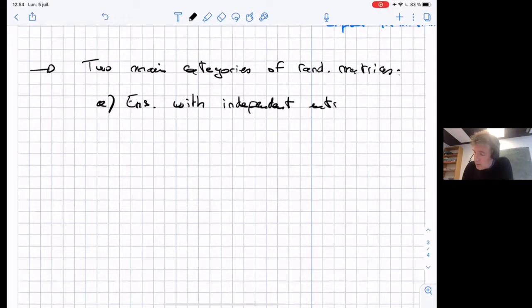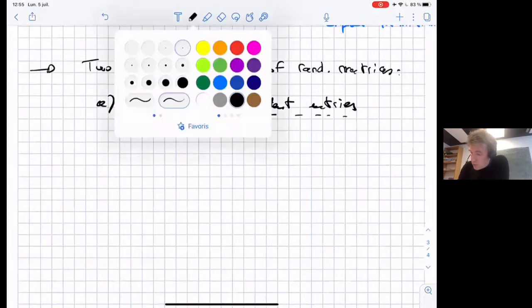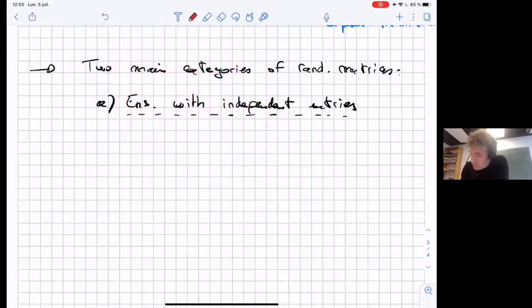Independent, but respecting, of course, the symmetry, right? That they are symmetric or Hermitian, and this is what we usually call Wigner matrices, because that's actually the matrices that Wigner introduced himself.